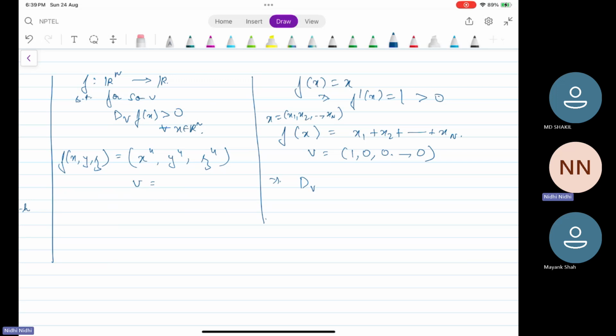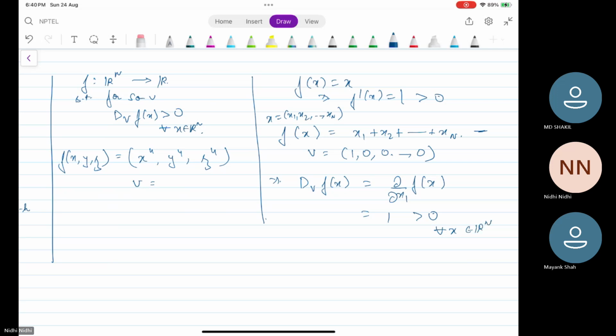At any point x, this is equal to del f by del x1 at x. Here we know that the partial derivative will be 1, which is always positive for every x.